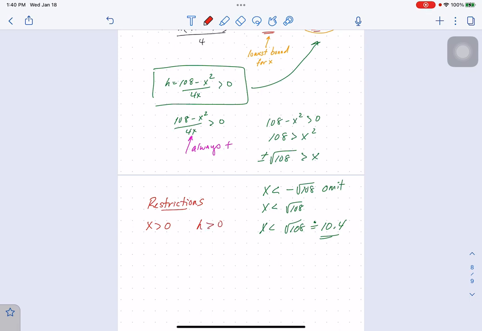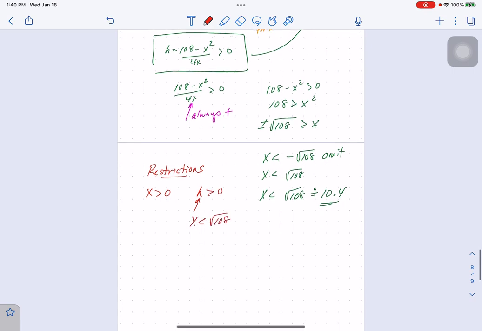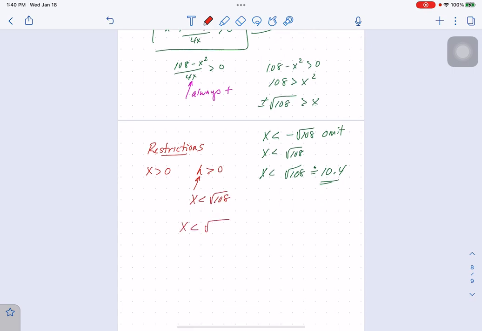And for h to be greater than 0, that means that x must be less than the square root of 108, sorry. And that's what we get. Those are your restrictions on the variable. So as long as the answer that we got is within that range, we're good to go.